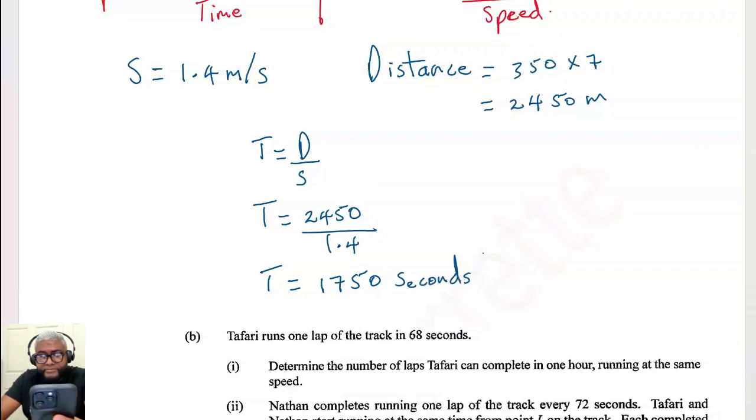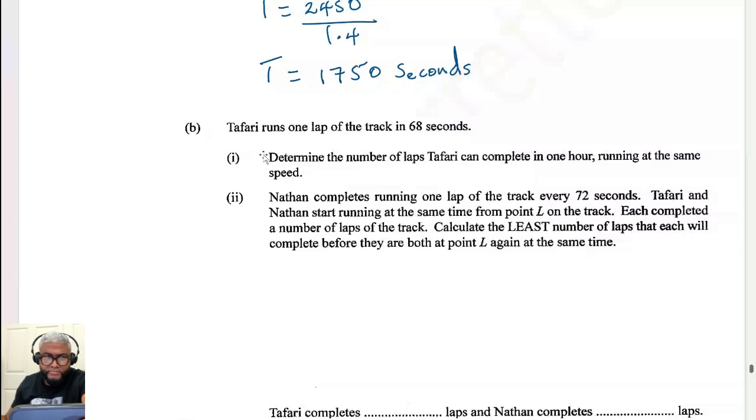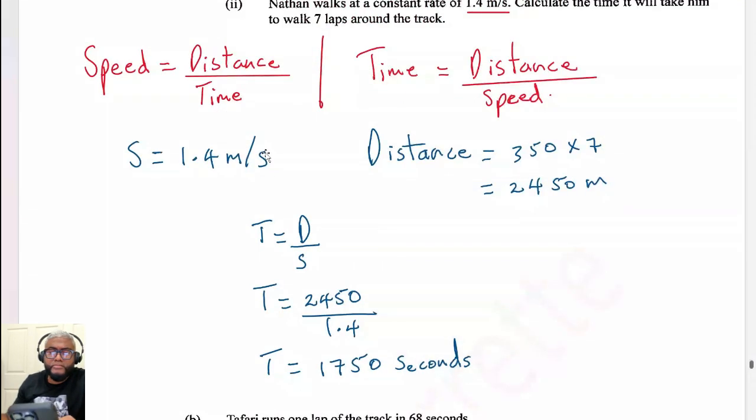So those who have to write it, right? Everybody should have this, right?